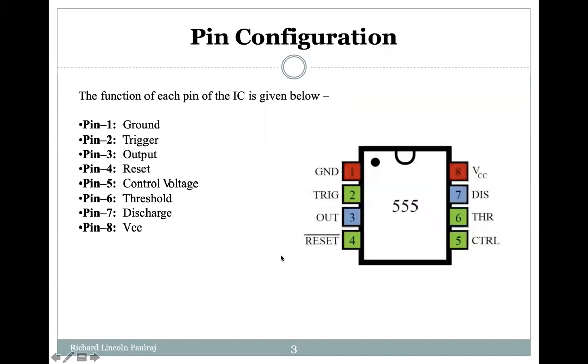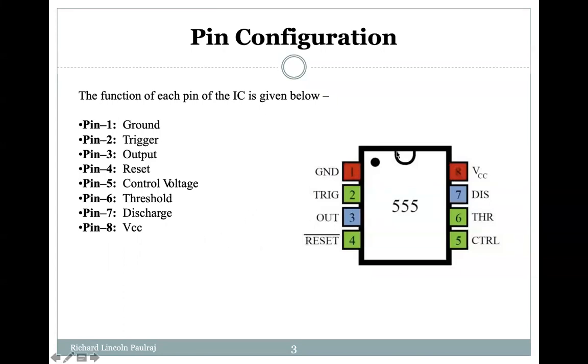Now, the next thing we will see is the configuration, the placement of pins. Pin number 1 is connected to ground, and pin 2 is the triggering input that we give. Pin 3 is the output. Pin 4 is reset, pin number 8 is VCC, pin number 6 is the threshold, and pin number 5 is the control voltage.